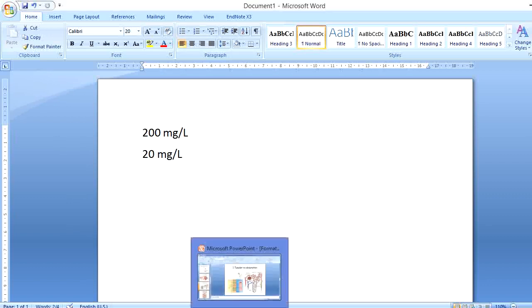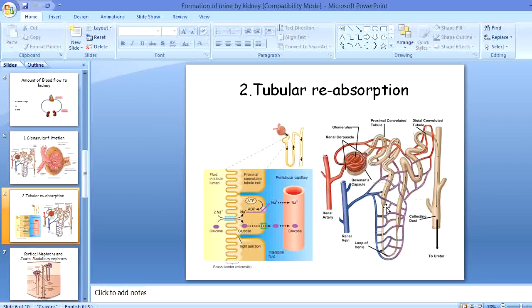And you should also learn that this area, the ascending limb from the proximal convoluted tubule to the loop of Henle, is not permeable to solute.